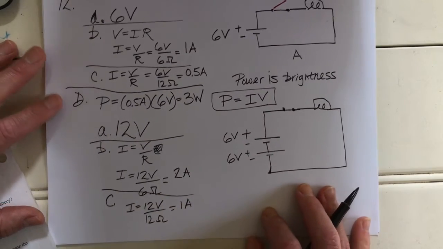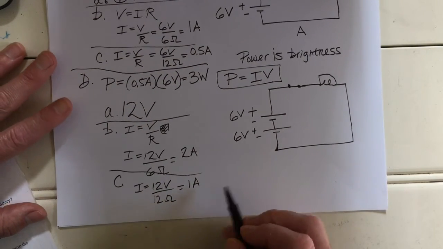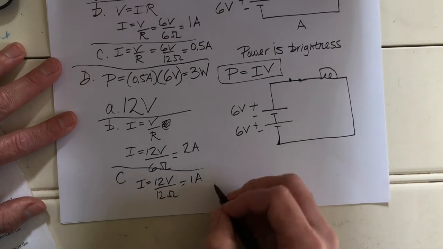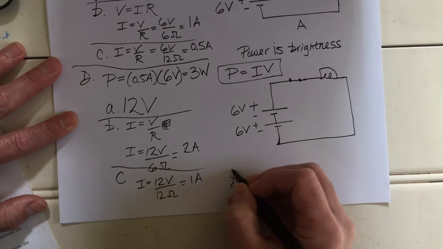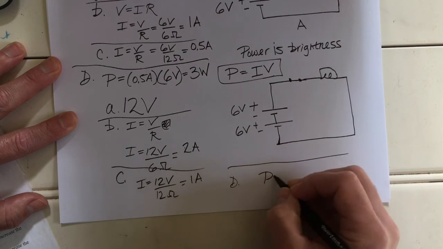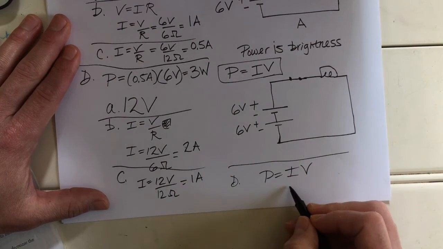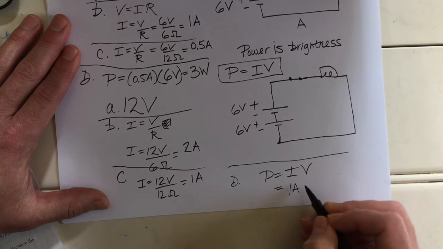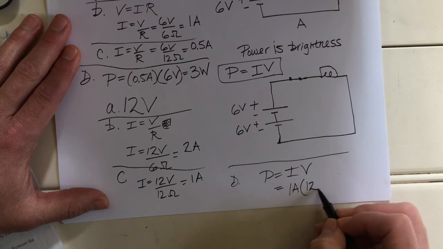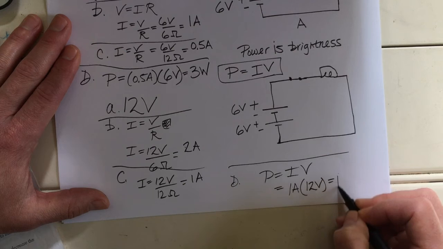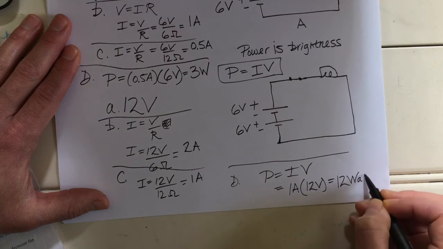All right, and then down here, we have 1 amp. I'll use part C. So P equals IV. We have the 1 amp times the voltage here, which is 12 volts, which is equal to 12 watts.